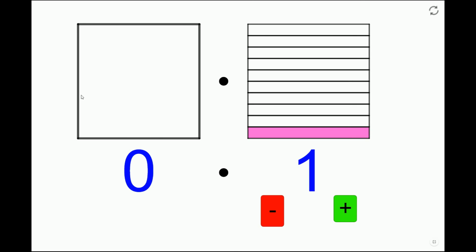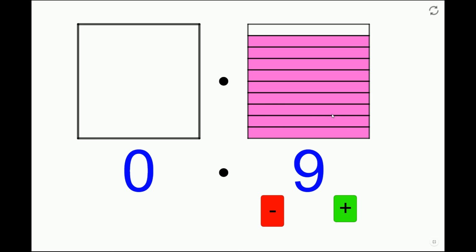Here we didn't color this whole square, so it's 0 whole squares. If I color 2 pieces out of 10 pieces, we obtain the decimal number 0.2, then 3 pieces 0.3, 4 pieces 0.4. If I color 5 pieces, we obtain the decimal number 0.5, then 0.6, 0.7, 0.8, 0.9.